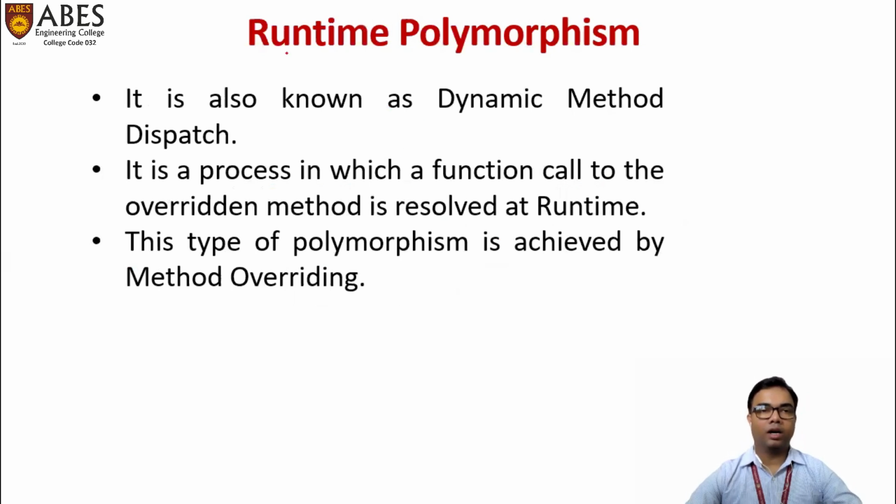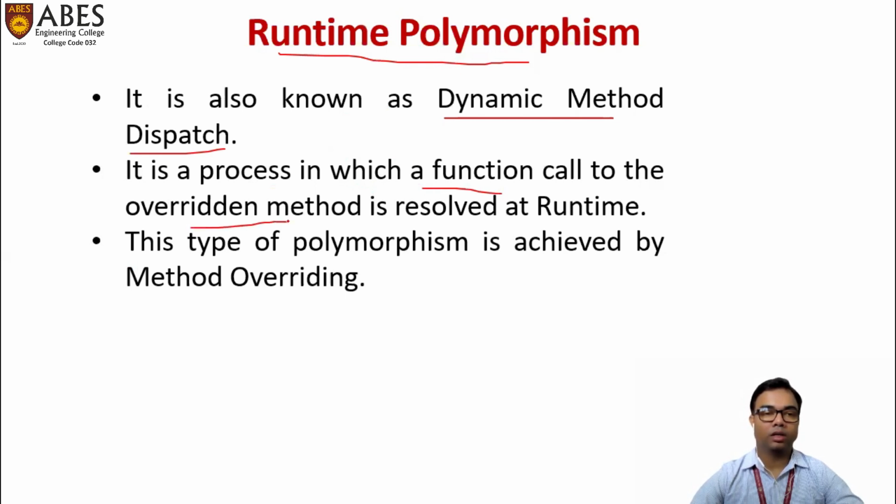The next type is runtime polymorphism. It is also known as dynamic method dispatch. In this process, a call to an overridden method is resolved at runtime, which means at runtime it is decided which particular method is called.